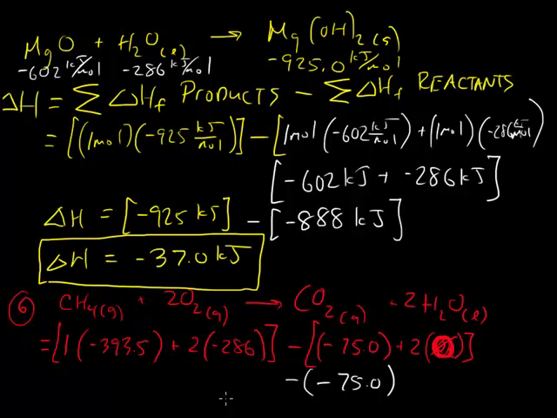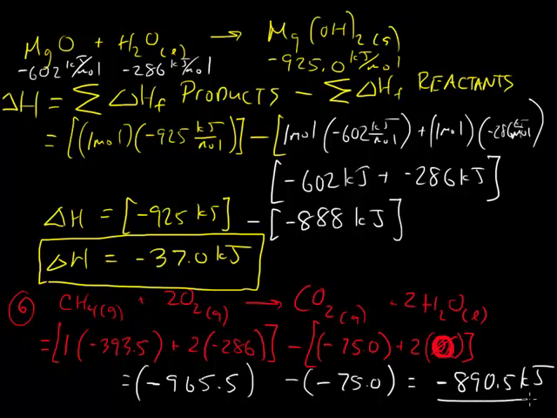Then you get 393.5 plus 286 plus 286, which should give us a value of negative 965.5. Then we're subtracting from that negative 75, and this gives us a total delta H value of negative 890.5 kilojoules, which is what you expect for methane.